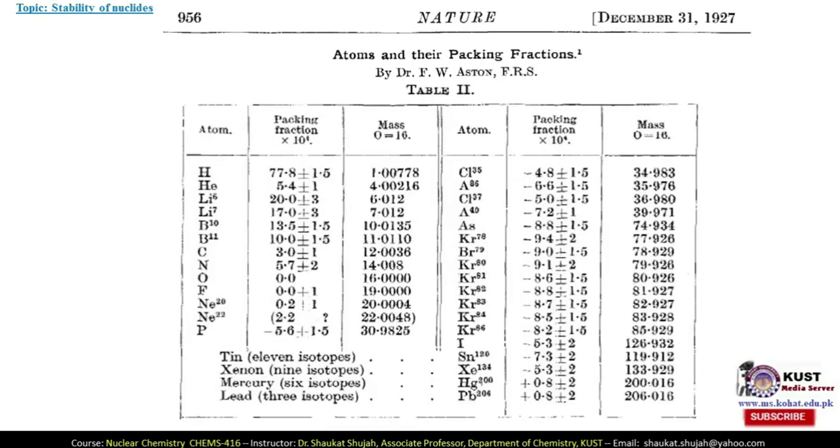Now this is a portion taken from a paper published by F.W. Aston in 1927 in the journal Nature. And in this table he has calculated the packing fractions of various nuclides, and he has taken the mass of oxygen 16 as the standard.